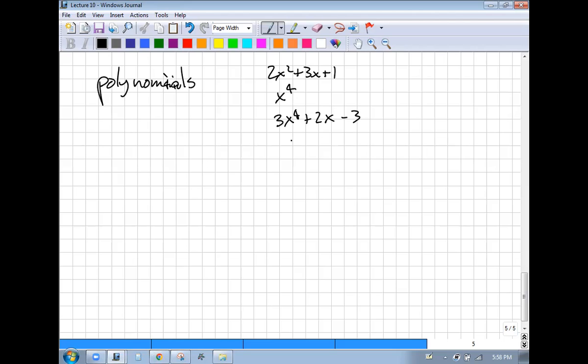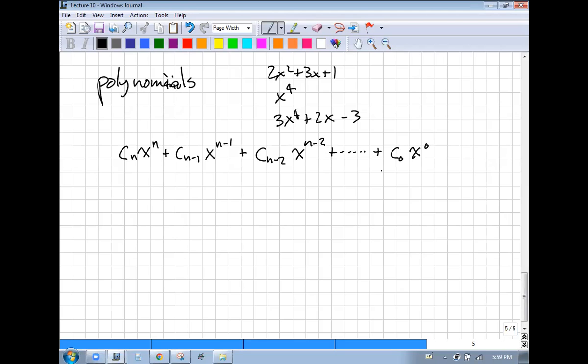The way we would generically write it, because you can have any power you want of x, we would write this as c sub n times x to the n, plus c sub n minus 1 times x to the n minus 1, plus c sub n minus 2 times x to the n minus 2, all the way to c sub 0 times x to the 0. That's what polynomials look like.